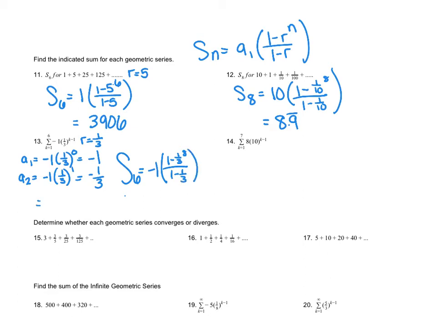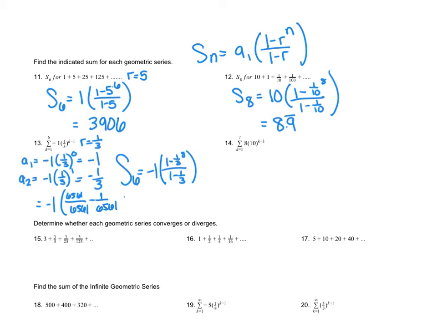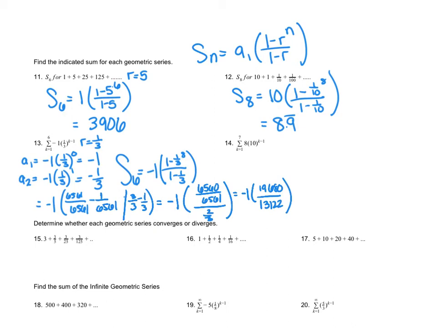So that's negative 1 times 6560/6561 over 2/3, which is negative 1 times 19680 over 13122. So essentially leave it like that.